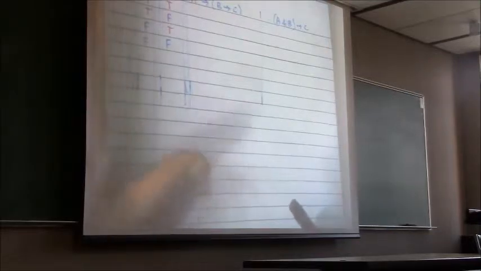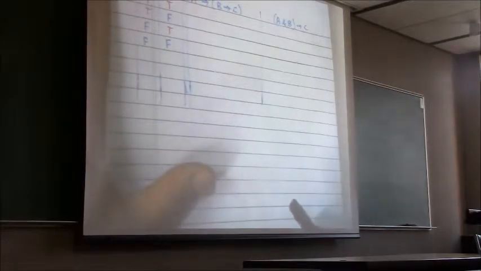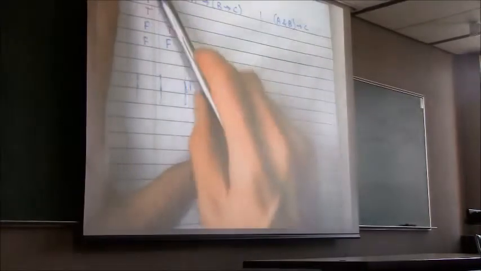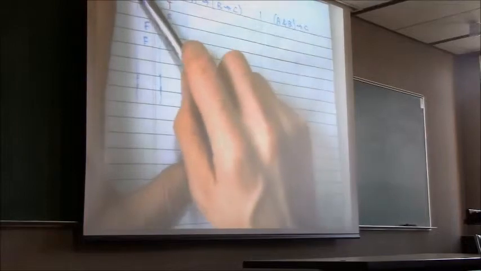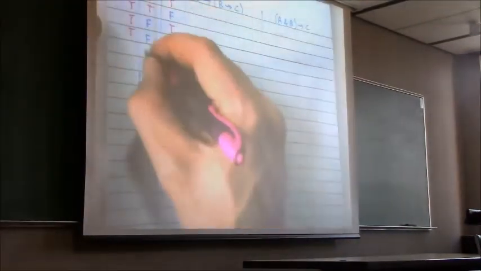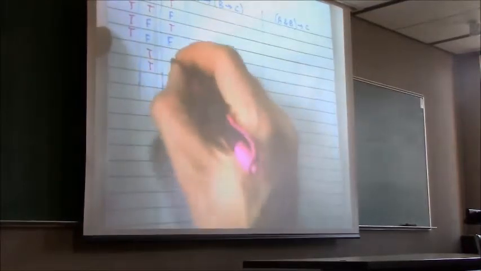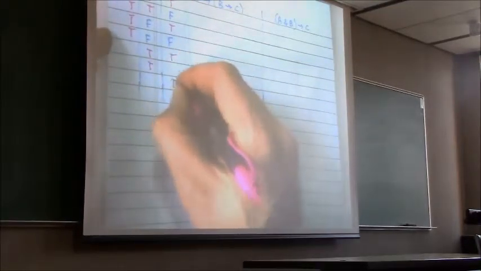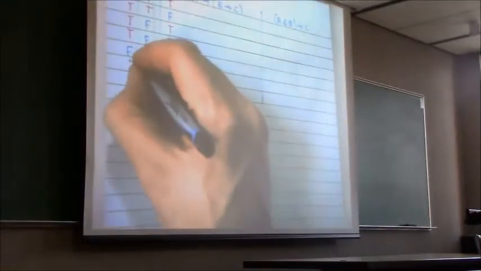But look what happens when you add a 3rd letter. To make sure that I've got all possible combinations, I have to have all of these for when A is true, but I've also got to have all of these for when A is false. So basically I repeat this again down here. Only for when A is false.